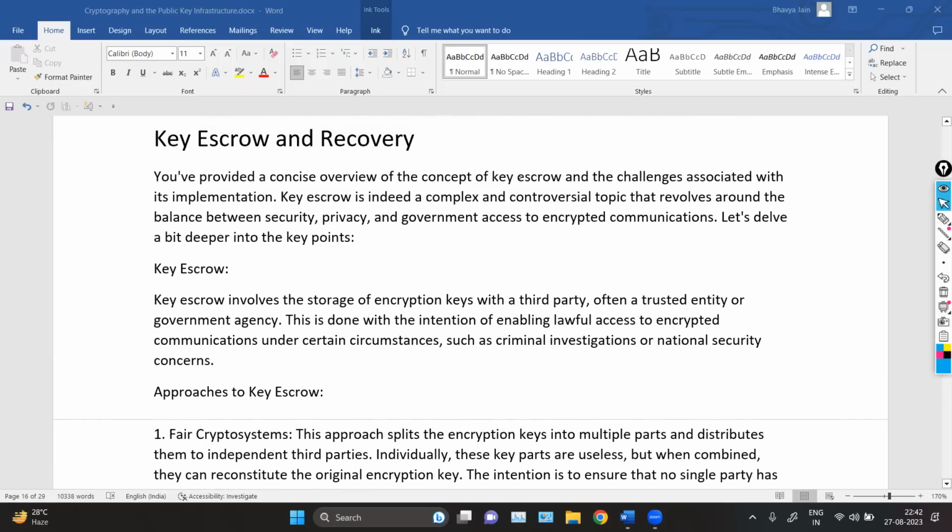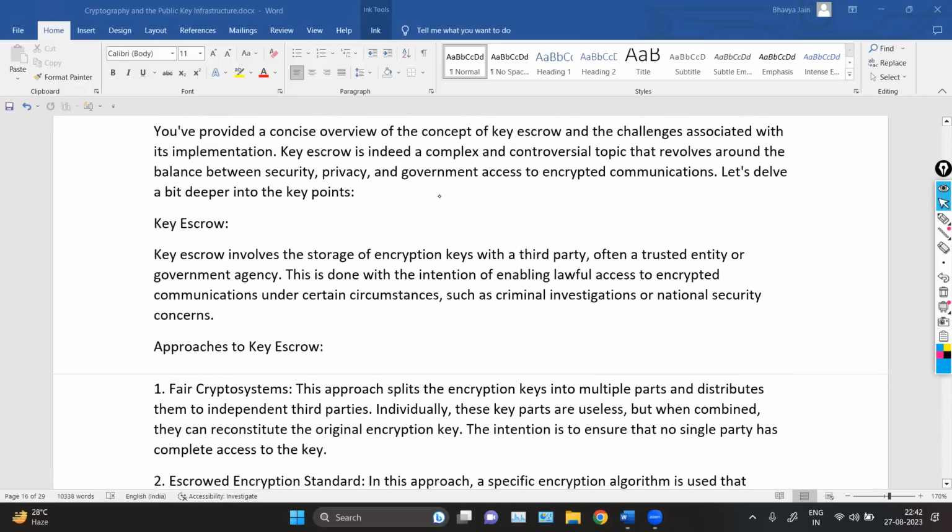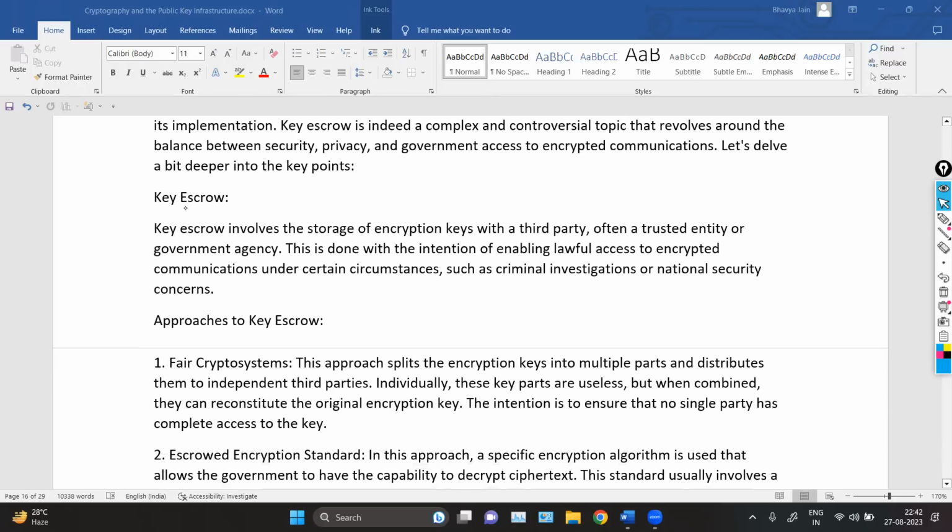So we have key escrow and recovery. Okay, so what is this key escrow? Key escrow involves the storage of the encryption key with a third party organization, often a trusted entity or a government agency. You can also put your keys with a government agency.